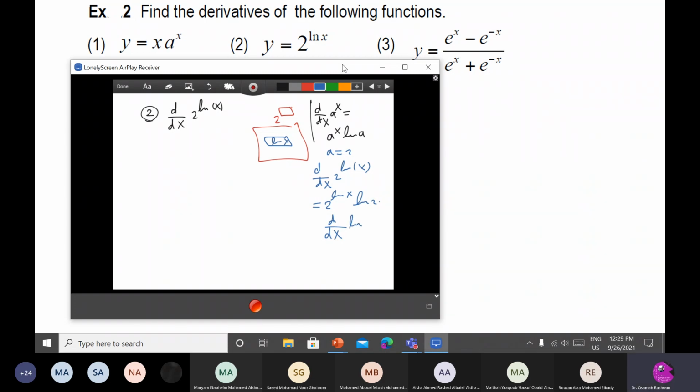Multiply by the derivative of ln x, I know this is 1 over x. Now I would write it down. So this is up to the chain rule. It is 2 to the ln x times ln the base 2, multiplied by the derivative of the power.